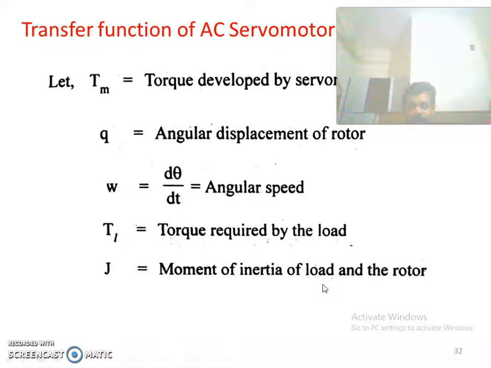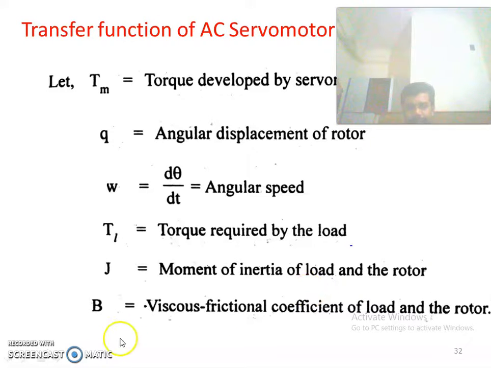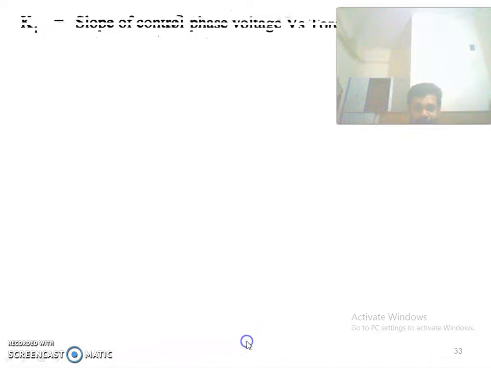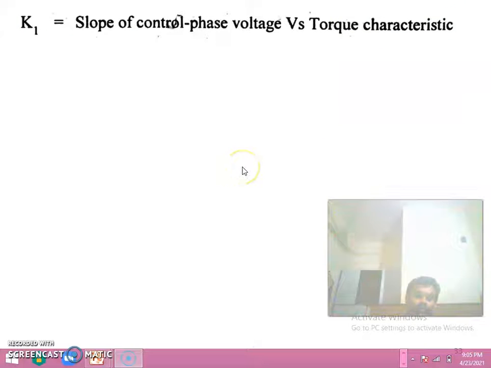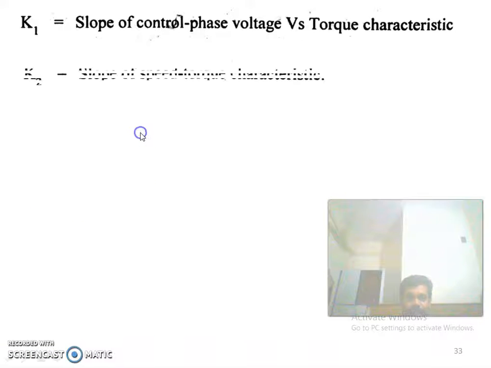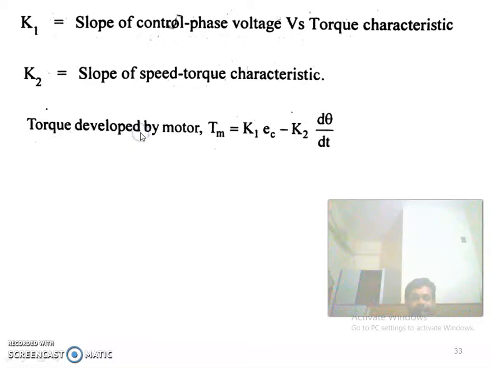J is the moment of inertia of load and the rotor, and B is the viscous frictional coefficient of load and the rotor. EC is the control signal, K1 is the slope of the control phase voltage versus torque characteristics, and K2 is the slope of the speed torque characteristics.